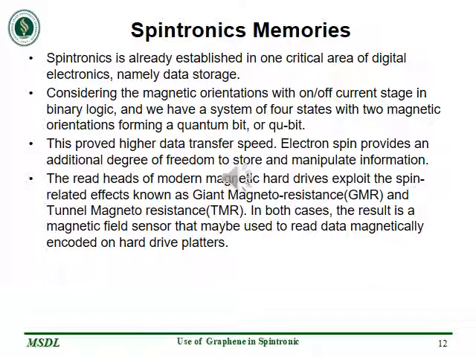Electron spin provides an additional degree of freedom to store and manipulate information. The read heads of modern magnetic hard drives exploit spin-related effects known as giant magnetoresistance, that is GMR, and tunnel magnetoresistance, that is TMR. In both cases, the result is a magnetic field sensor that may be used to read data magnetically encoded on hard drive platters.